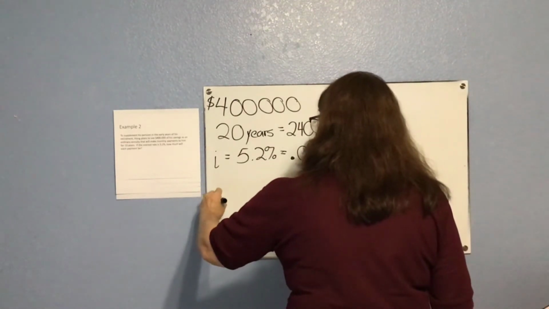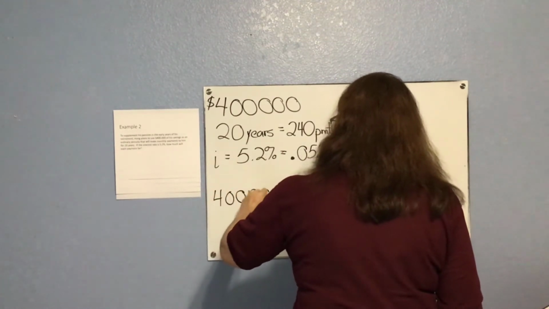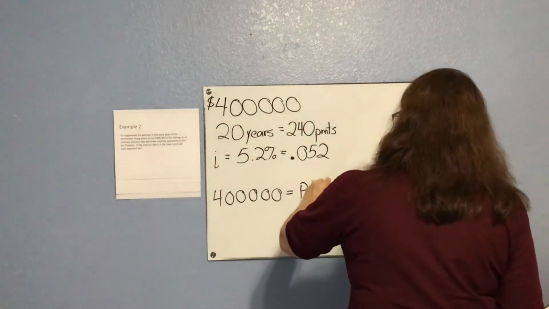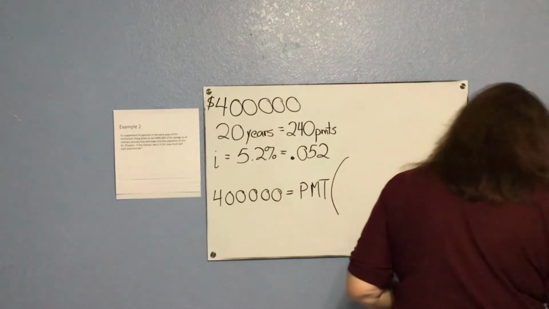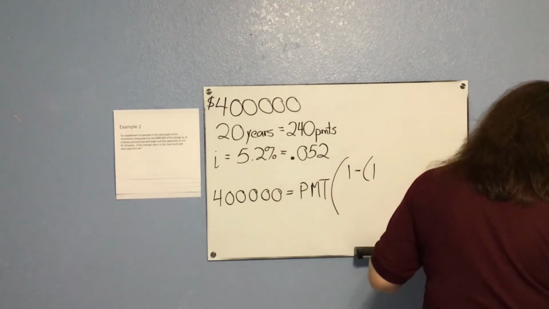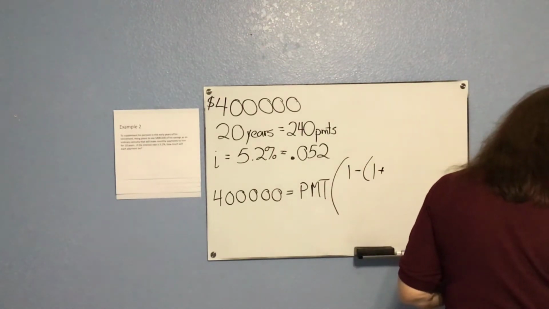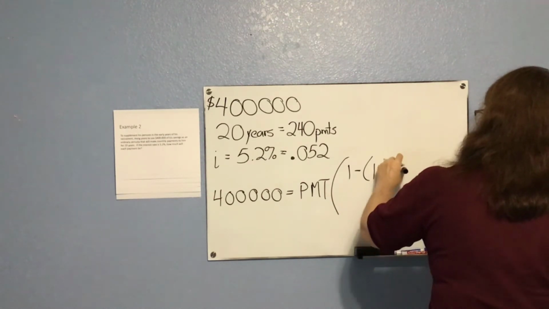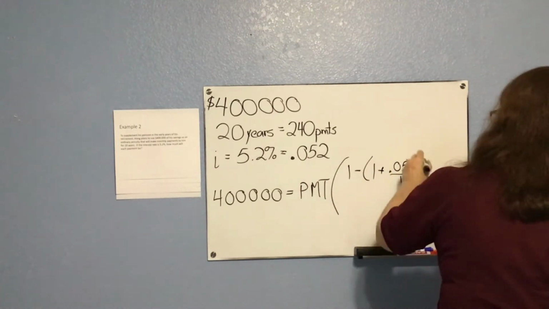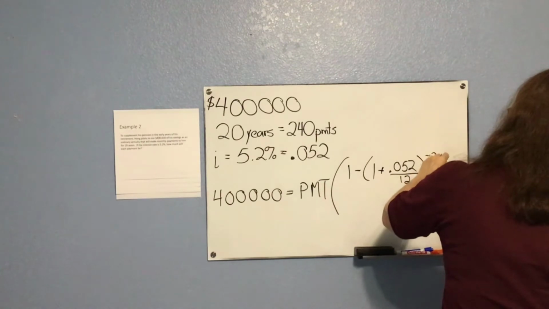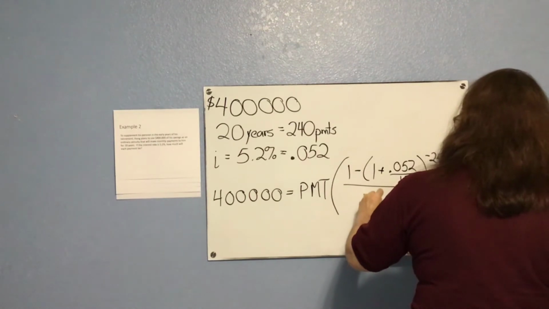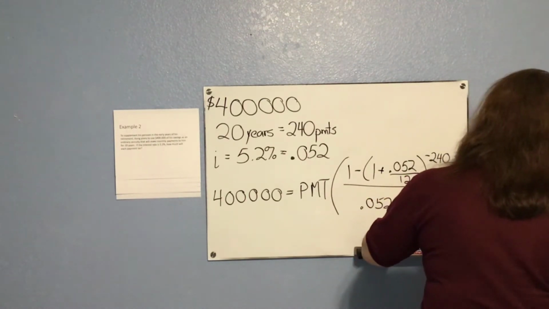So we'll start with the present value, 400,000. We don't know what the payment is. That's what we're trying to find out. And we've got (1 minus (1 plus 0.052 over 12) to the negative 240th power) over 0.052 over 12.